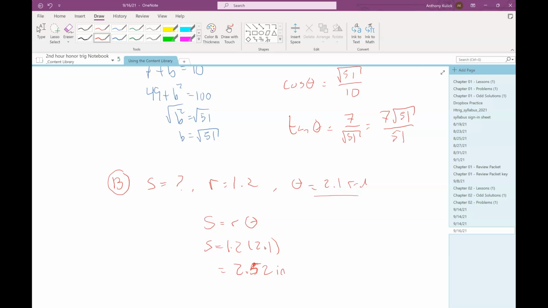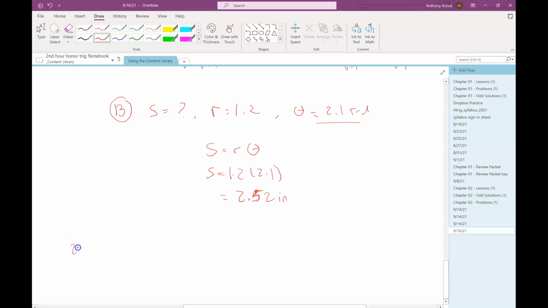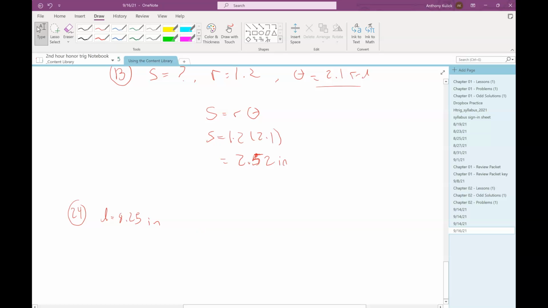So 24 is just a unit conversion problem, similar to what we did in the example at the end of section 2.2. It says a circular saw has a diameter of 8.25 inches, and we've got 12 teeth per inch.